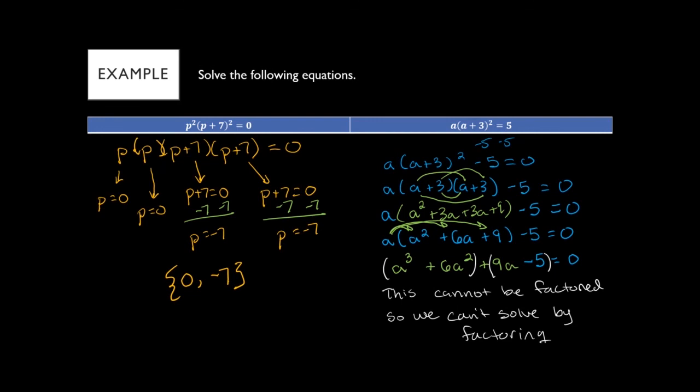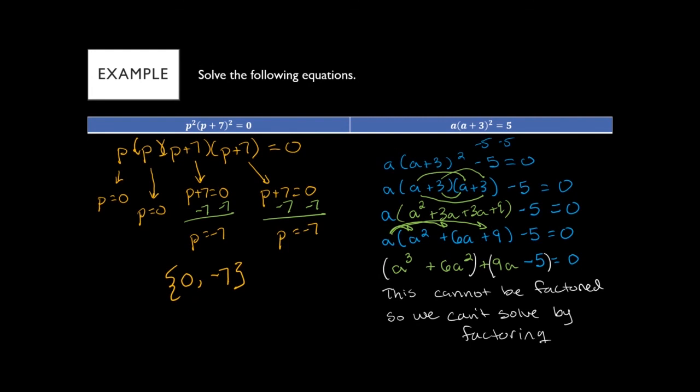You have not learned yet how to factor this, and you won't learn how to solve this until week 6. But I wanted to show this to you so that you know what happens if you get something that can't be factored. If there's no other method that you know of, then you just can't solve it at this point. But there is a way further down the road.